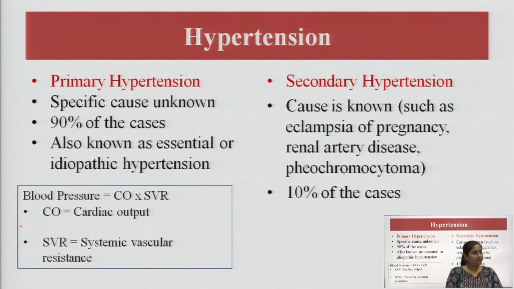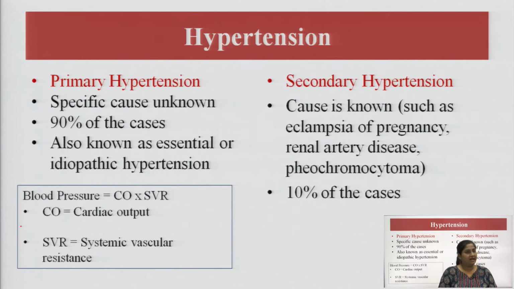So, there are two types of it, primary and secondary. In primary hypertension, the cause is not exactly known. There are 90% of cases when there is no known cause for hypertension. It is also called essential or idiopathic hypertension because there is no known reason for that.